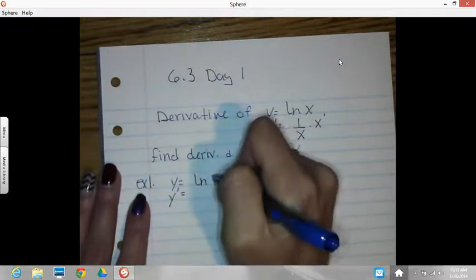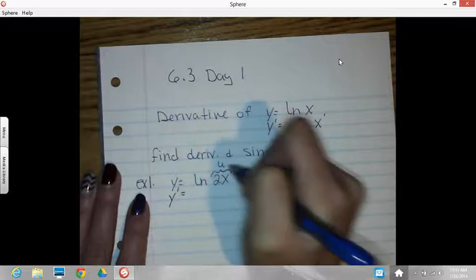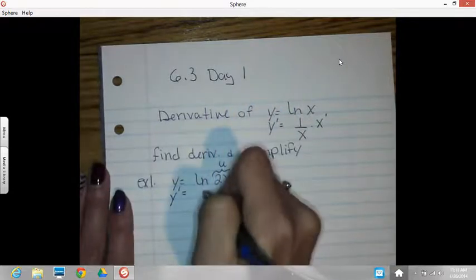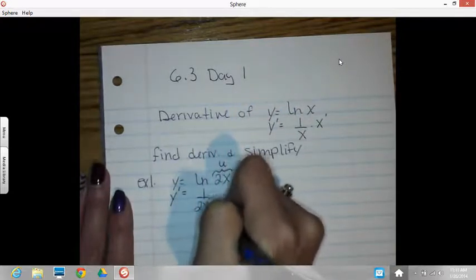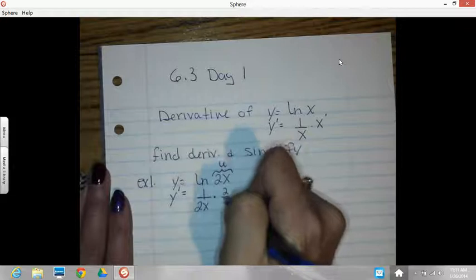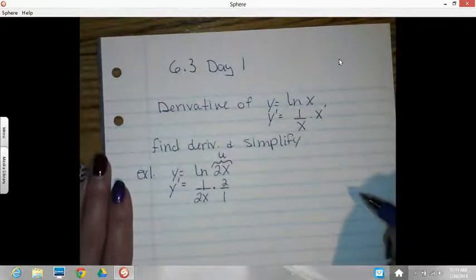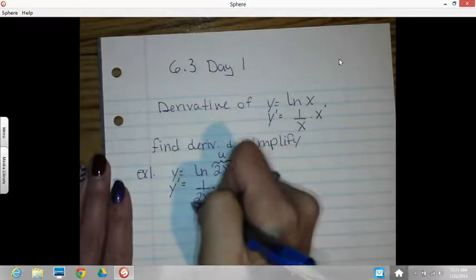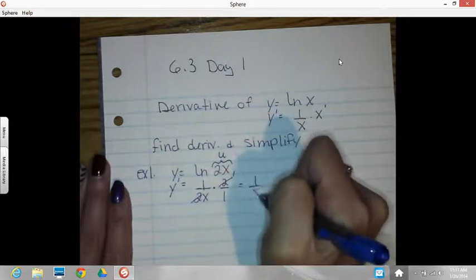Here is my u. So it's 1 over 2x times by the derivative of just the u. The derivative of 2x is a 2. Put it over 1 since it's next to a fraction. Simplifying. 2's cancel. 1 over x.